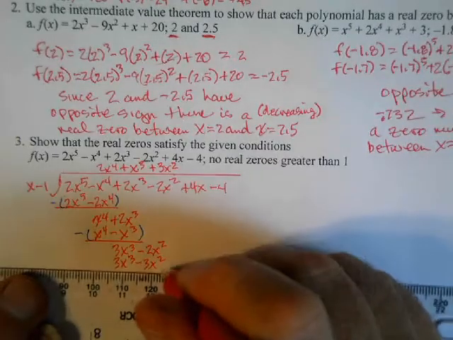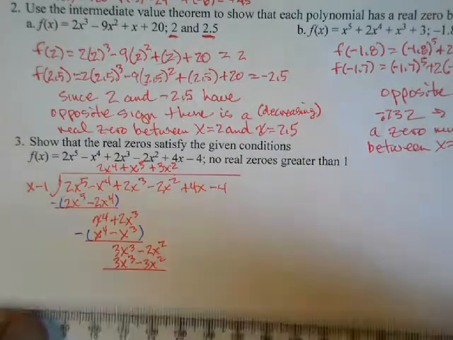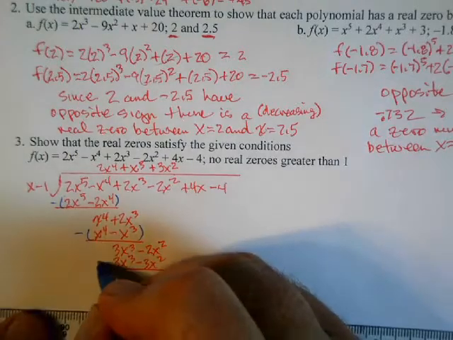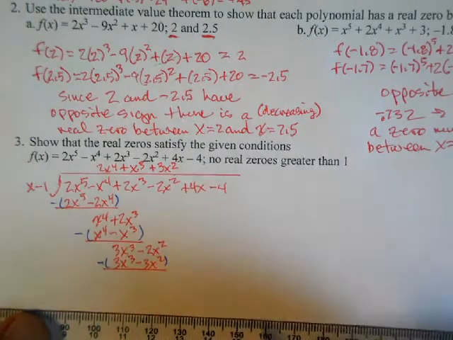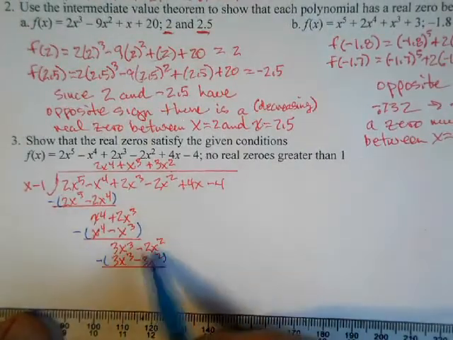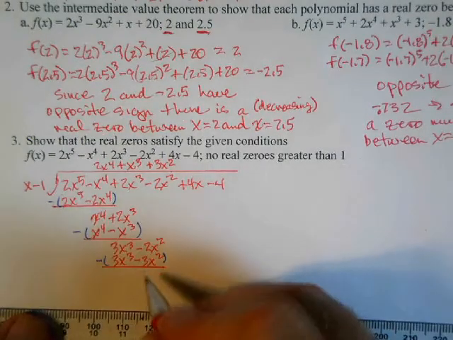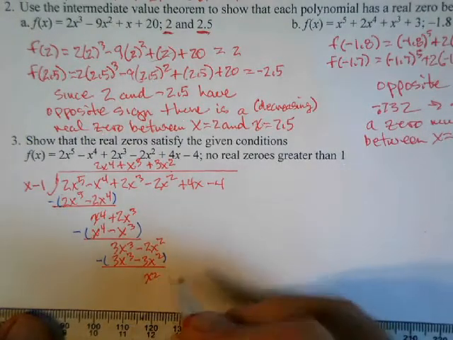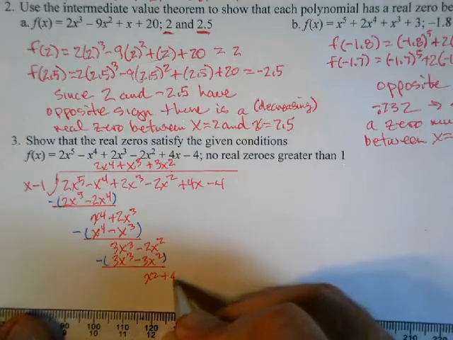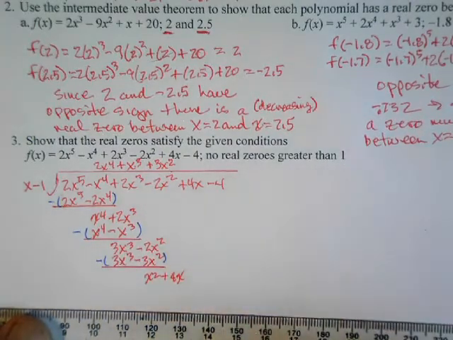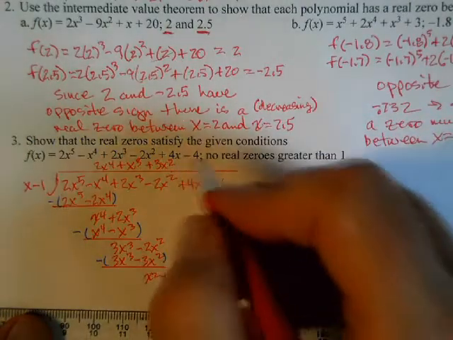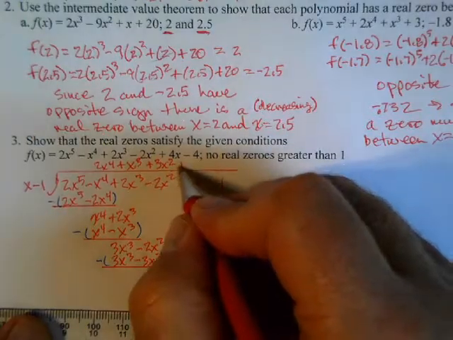The 3x cubes are gone. Negative 2 plus 3 brings me back to just x squared. Bring down the 4x. So now I need an x. X times x gives me the x squared. X times the negative 1 gives me subtract x.